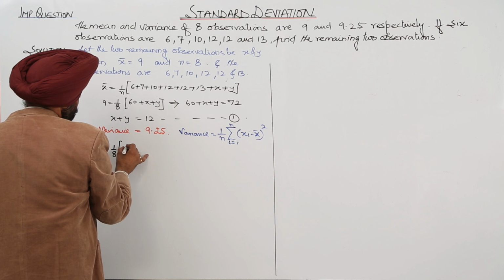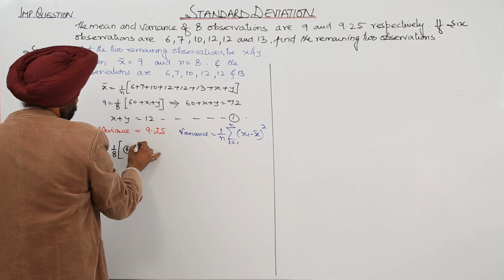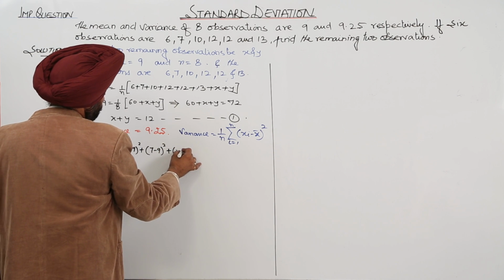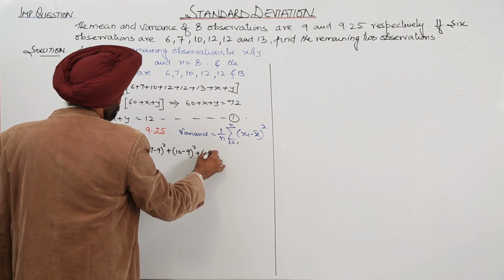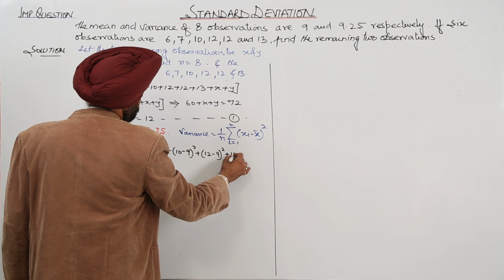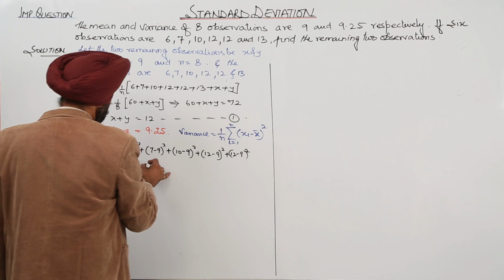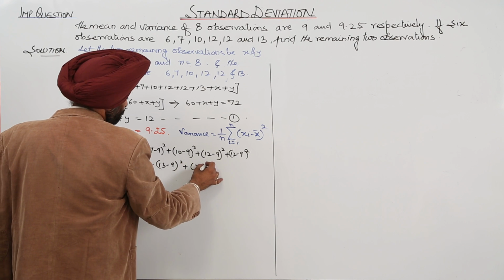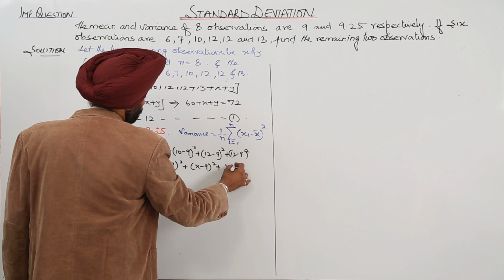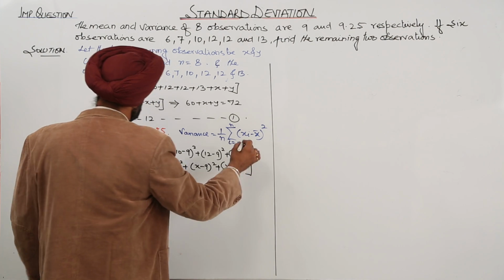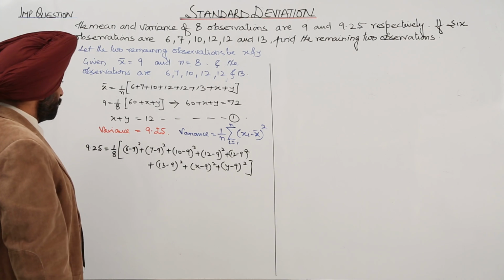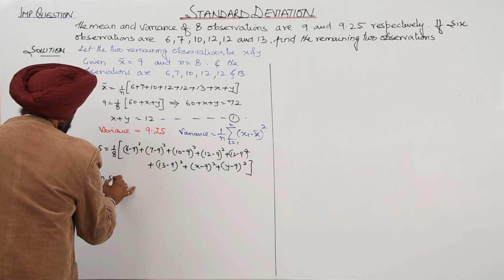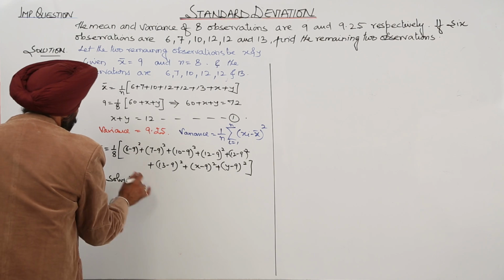So first observation is 6, 6 minus 9 whole square plus 7 minus 9 whole square plus 10 minus 9 whole square, 12 minus 9 whole square, 12 minus 9 whole square plus 13 minus 9 whole square plus x minus 9 whole square plus y minus 9 whole square. Okay. Now solving this part, you have to solve this one.